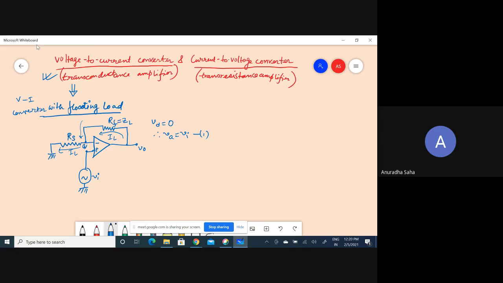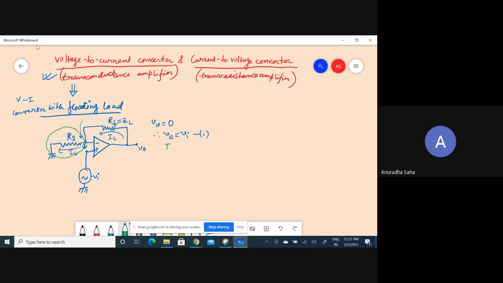So automatically if you look at this particular region, you can see that this is the similar current which is flowing across the load resistance as well as this resistance RS.